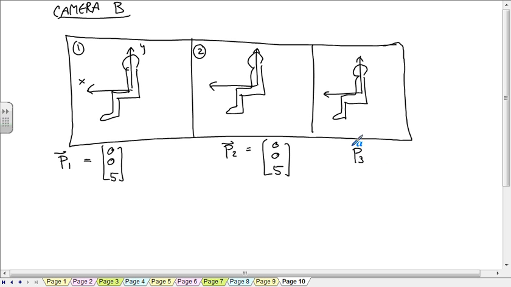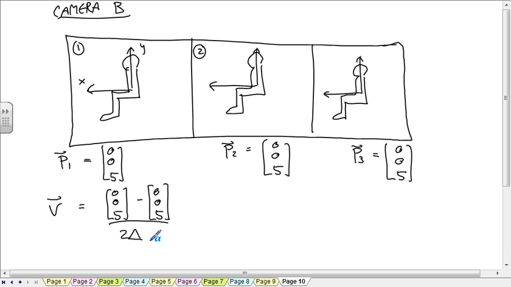Here, position 3, 0, 0, 5. And so now when you take the velocity, you get 0, 0, 5 minus 0, 0, 5 divided by 2 times the elapsed time. And so it looks like the person isn't moving at all.